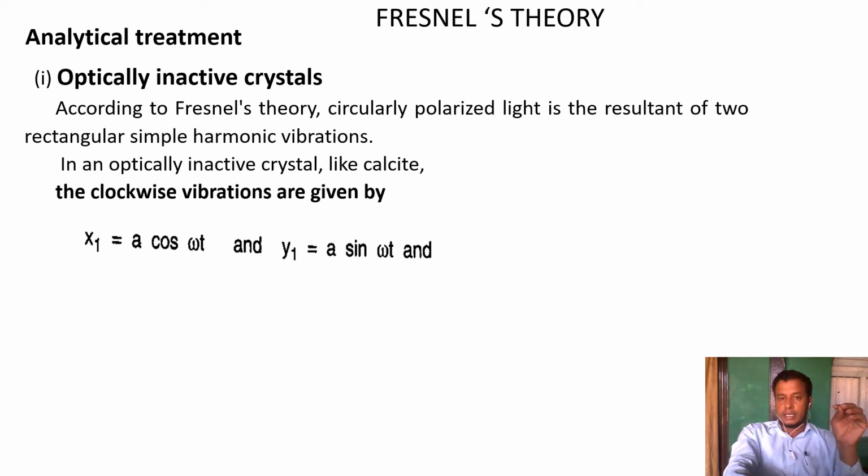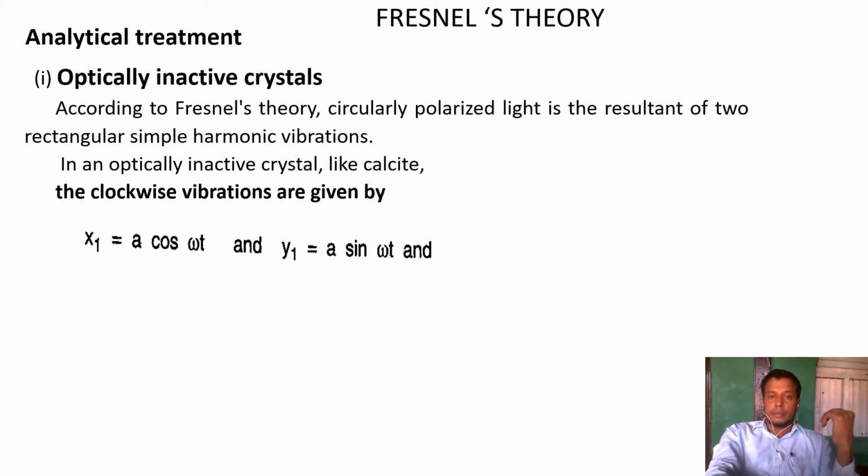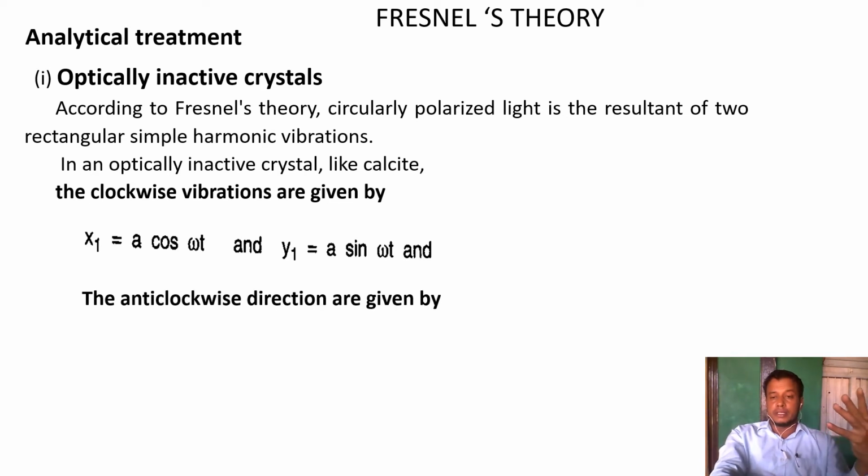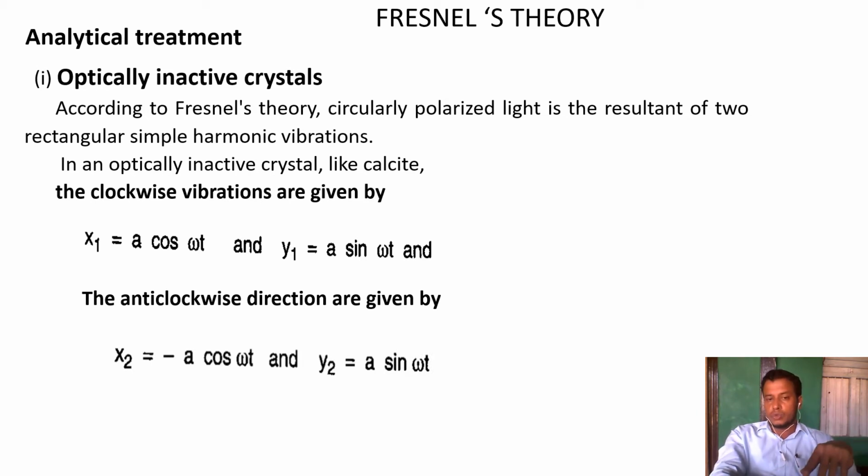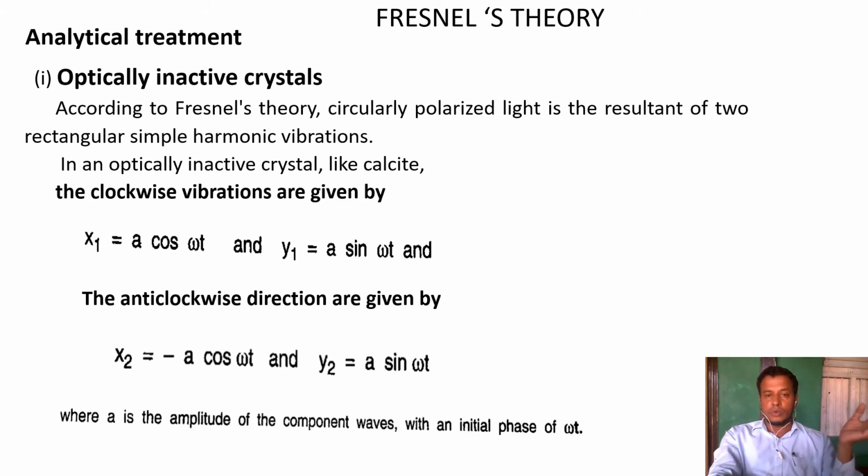Consider along the x-axis x1 equals a cos omega t, and along the y-axis y1 equals a sin omega t. For the anti-clockwise direction, x2 is given by minus a cos omega t, because of the negative sign, and y2 along the y-axis is a sin omega t.